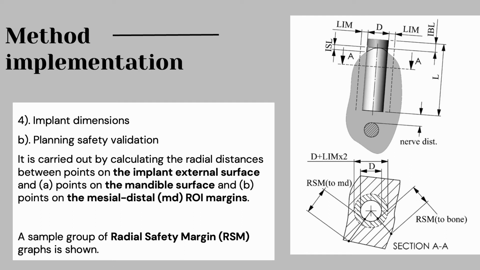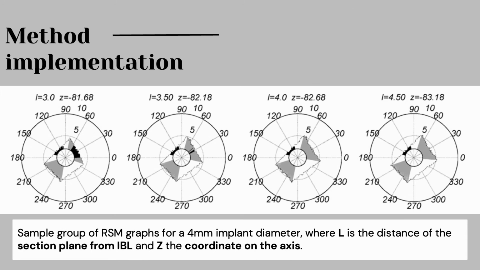A sample group of radial safety margin graphs is shown. Sample group of RSM graphs for a 4 mm implant diameter, where L is the distance of the section plane from IBL and Z the coordinates on the axis.